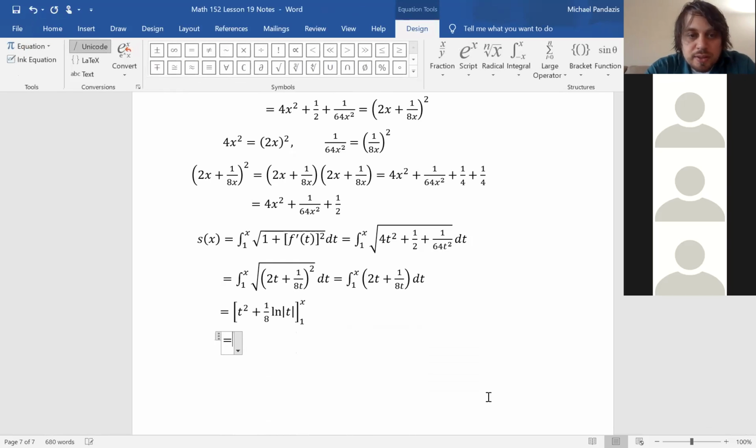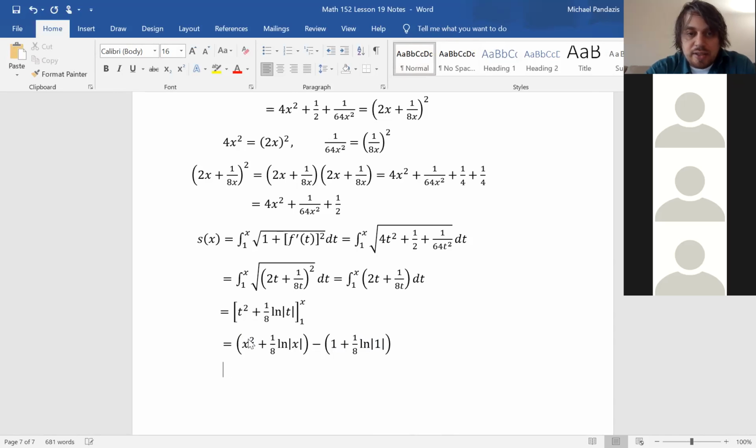Okay, so now don't be intimidated by the x here. You're just plugging in x as a variable. We have a function of x as our answer, so we don't want a number as our answer. So this is x squared plus 1/8 ln of the absolute value of x, minus, you plug in 1, get 1 plus 1/8 ln of the absolute value of 1.